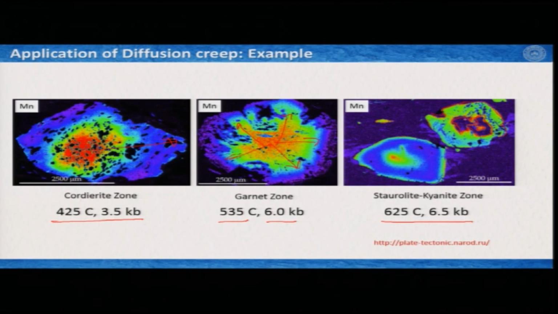So, this is how the diffusion does happen. This process is extremely slow. Geologists, particularly metamorphic petrologists, do use it for calculating different types of geobarometry and geothermometry.